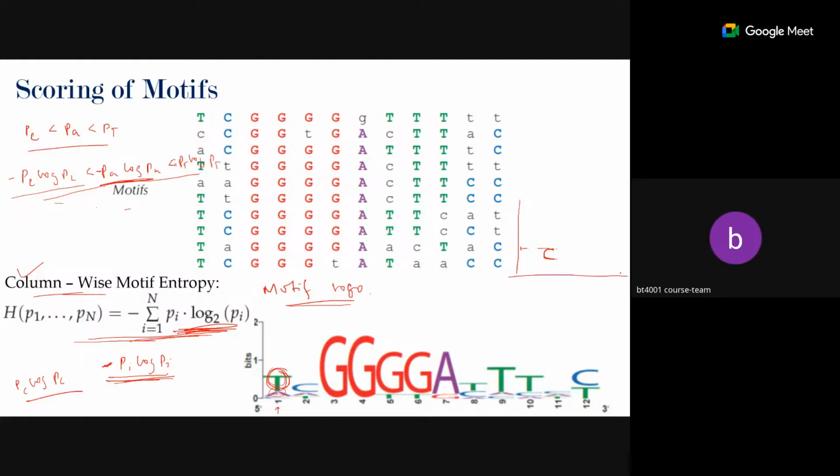Then we compute the negative of p_A log p_A, which will go from this position to whatever position it reaches. So this to this is the negative of p_C times log p_C.